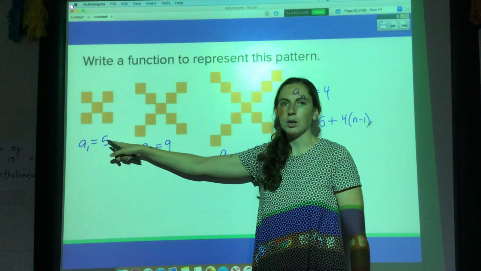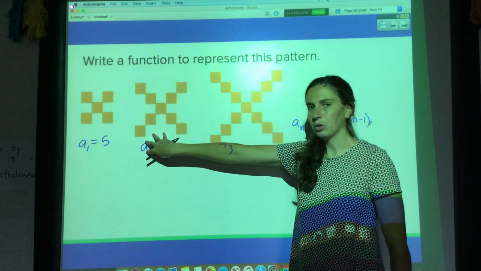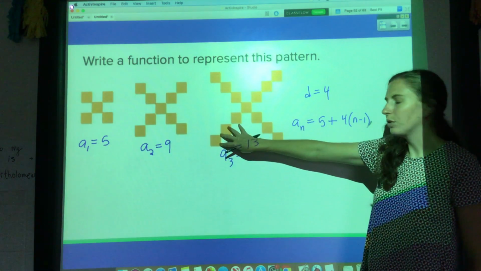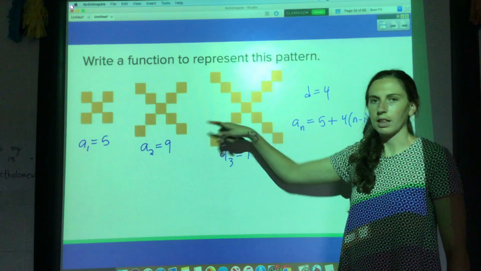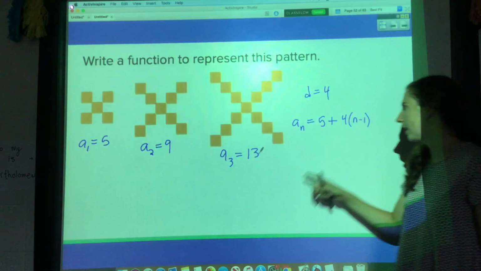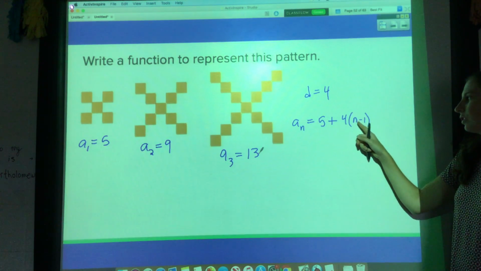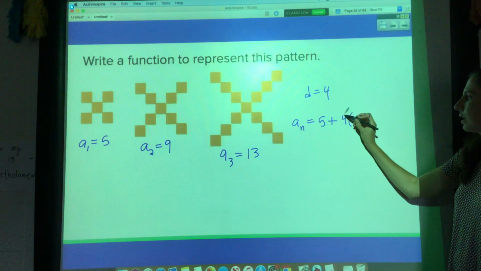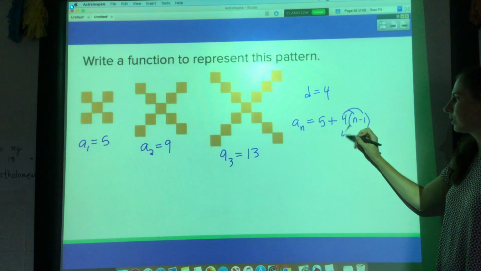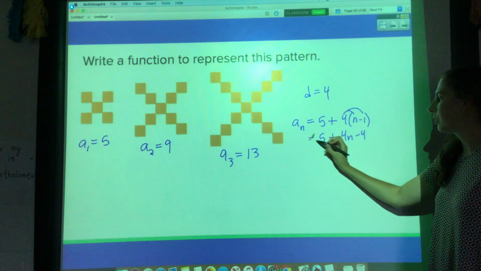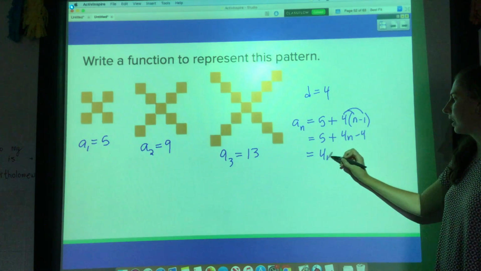This is what I start with, then I add 4, and then I add another 4. But at this point, I've only added 4 twice, even though it's the third term. That's why we use n minus 1 in the formula rather than just n. If I want to simplify, I could distribute, so that's 4n minus 4 plus 5, which simplifies to 4n plus 1.